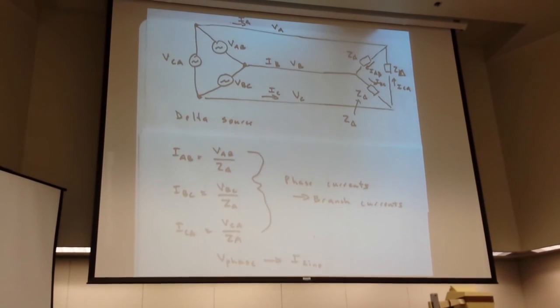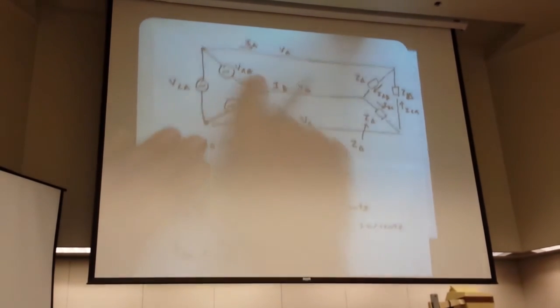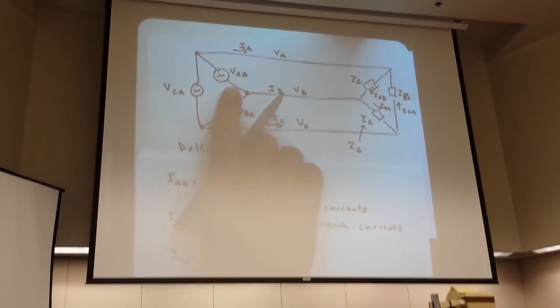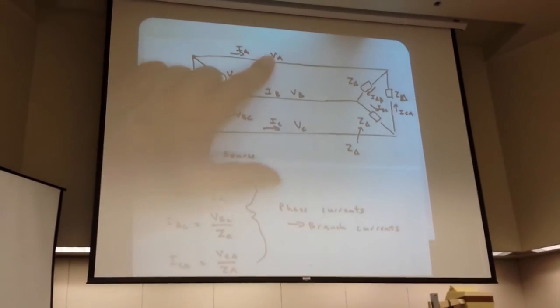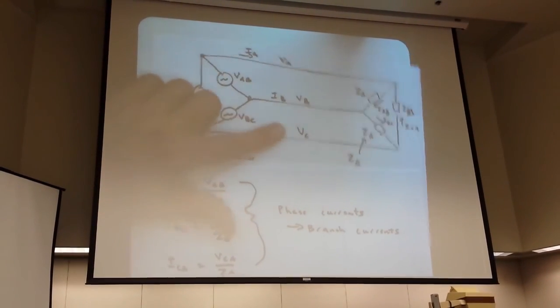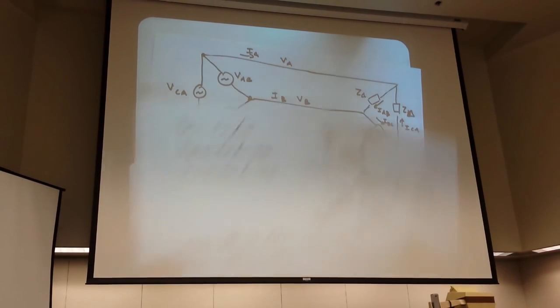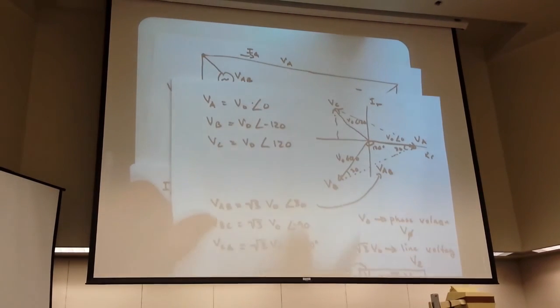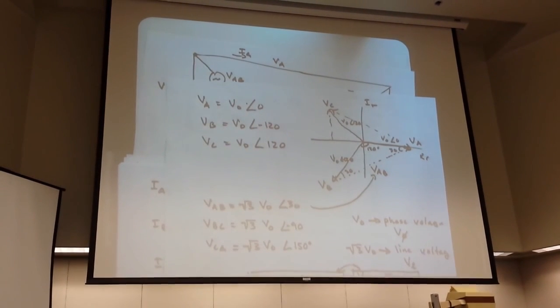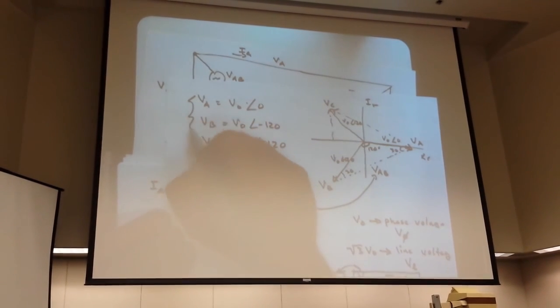Well, in some sense, we can generate these phase voltages with either a delta or a Y configuration. We saw the relationship to generate the same voltage on a line. These are equivalent. So these are equivalent source circuits.